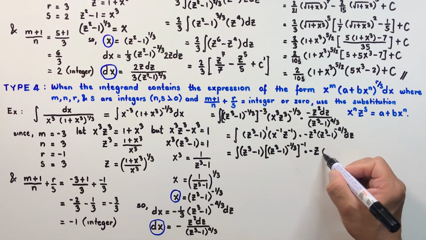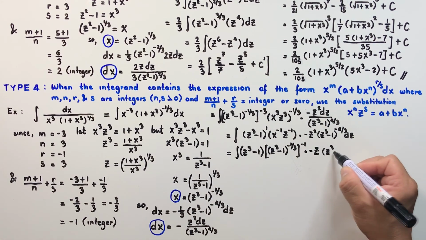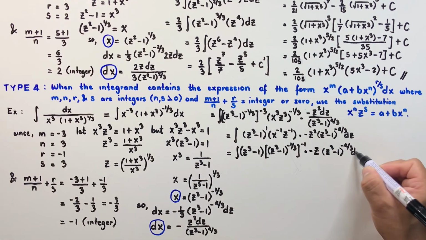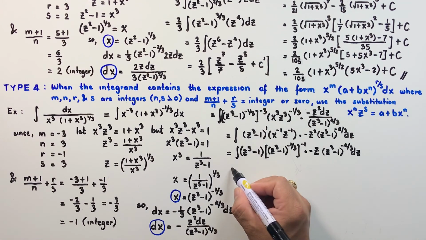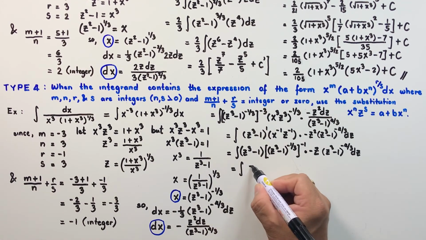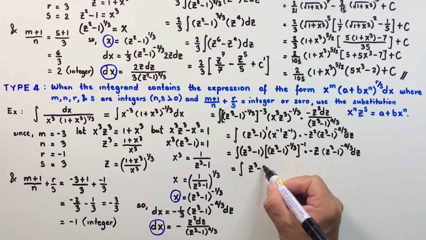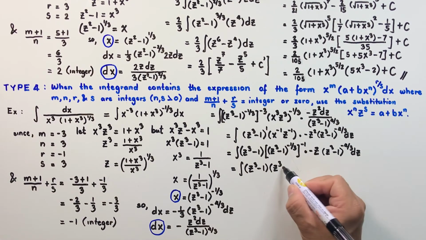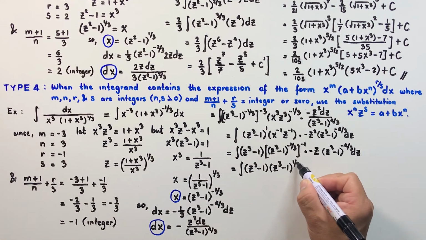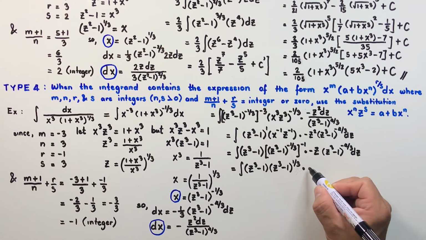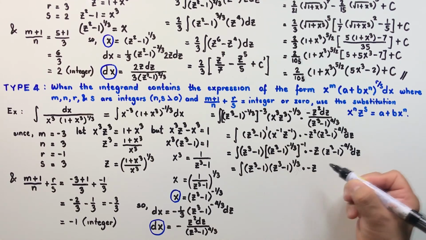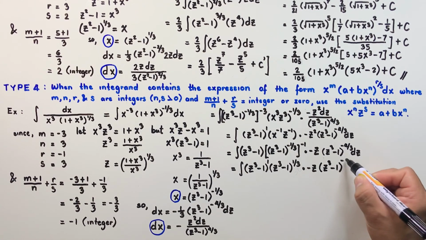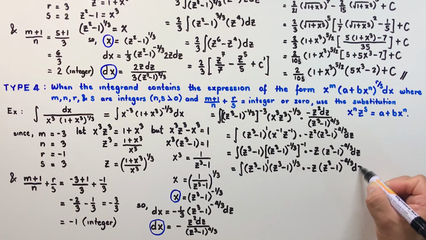But we still have a factor of z cubed minus 1 to the exponent of negative 4/3. Now, simplifying our exponents further, we have z cubed minus 1 multiplied by z cubed minus 1 to the power of 1/3. And this is multiplied by negative z times z cubed minus 1 to the exponent of negative 4/3.